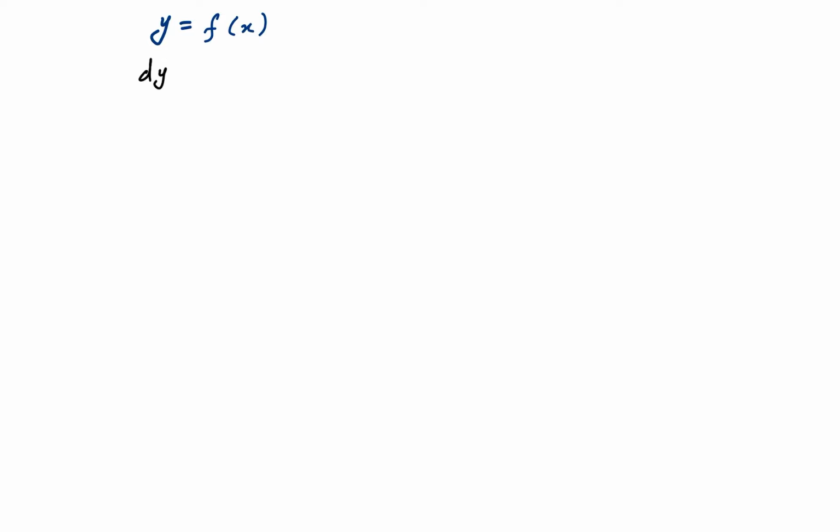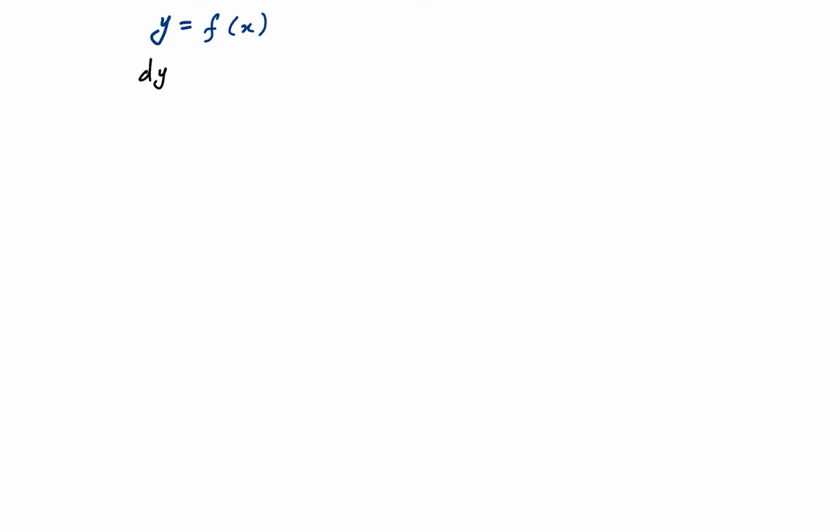This is called the derivative of the function, or in other words the change in y with respect to the change in x is called the average rate of change.